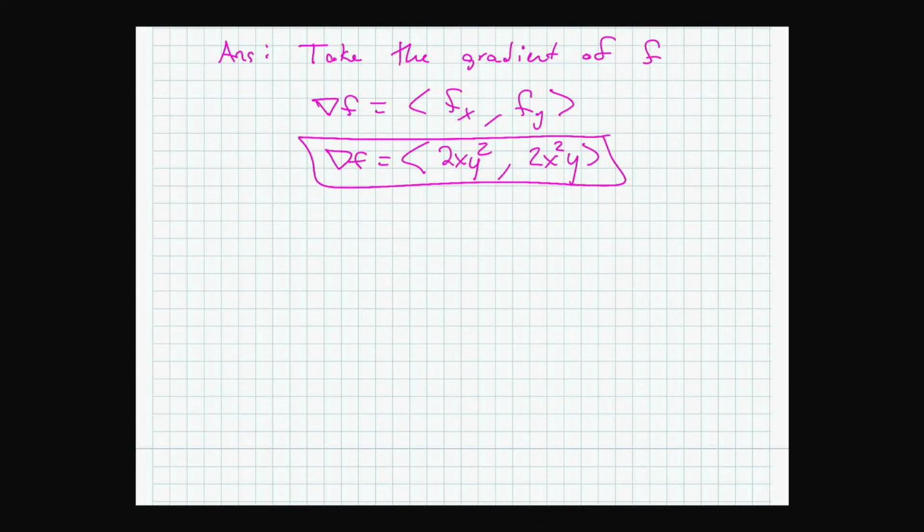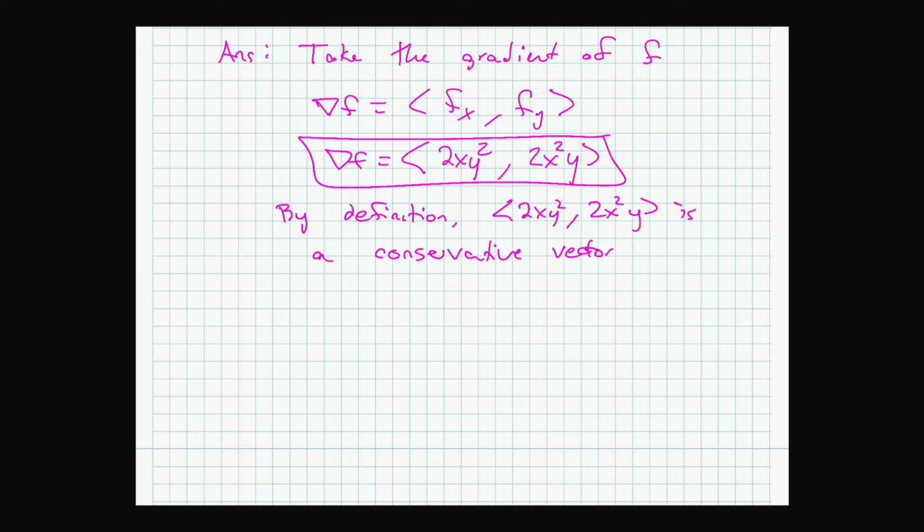But also, by definition, this vector field, 2xy squared, 2x squared y, is a conservative vector field, or a gradient field, right?